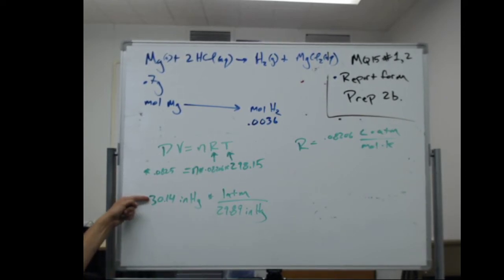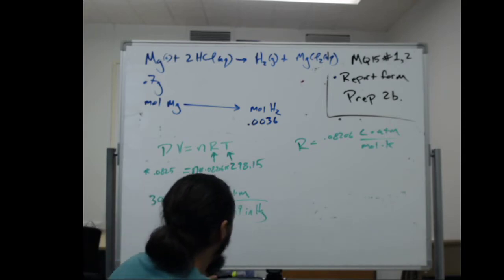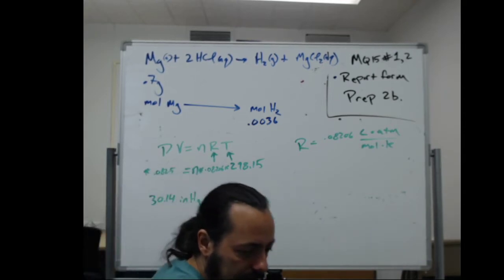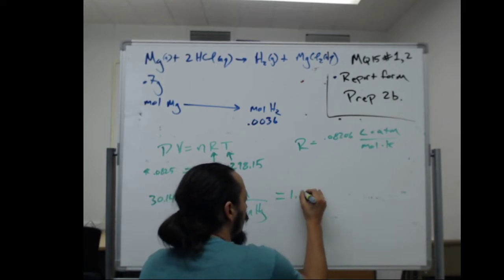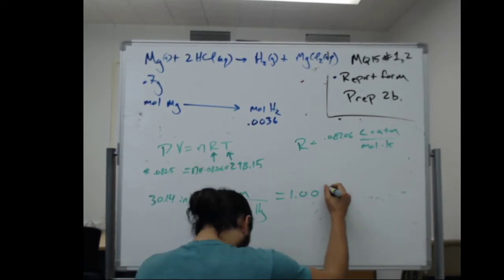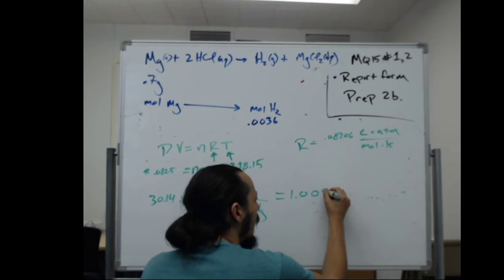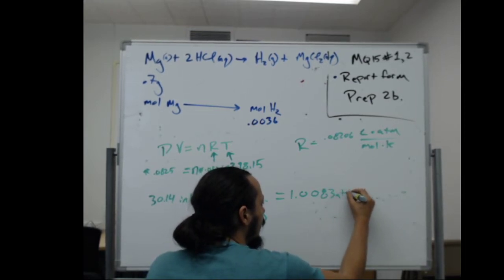And we can see that our pressure, whichever day this experiment was done, was slightly above 1 atmosphere of pressure, just slightly. So I'm going to do 30.14 divided by 29.89. That's going to give me 1.0083 atmospheres.